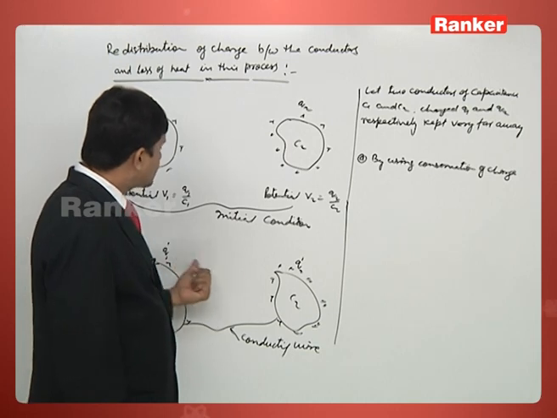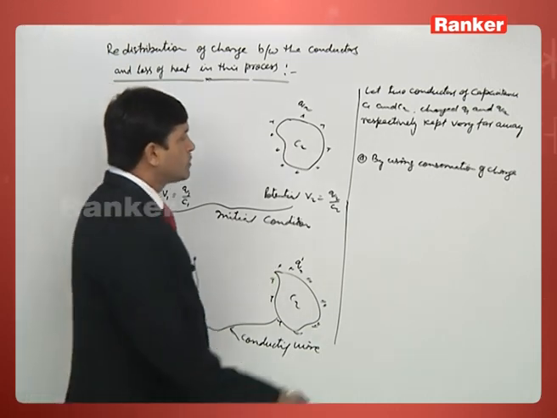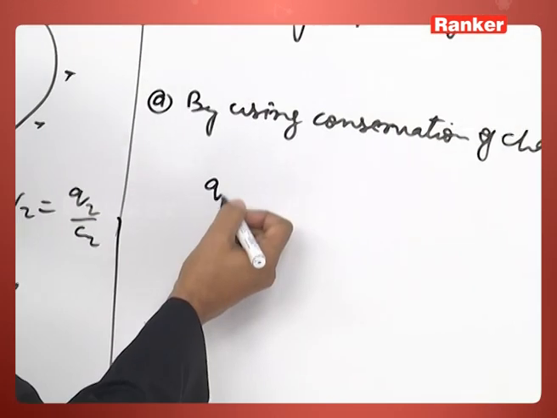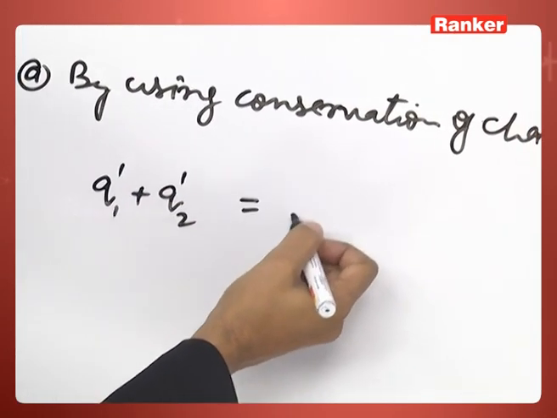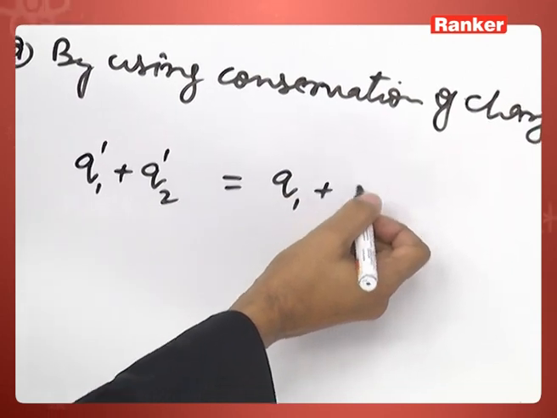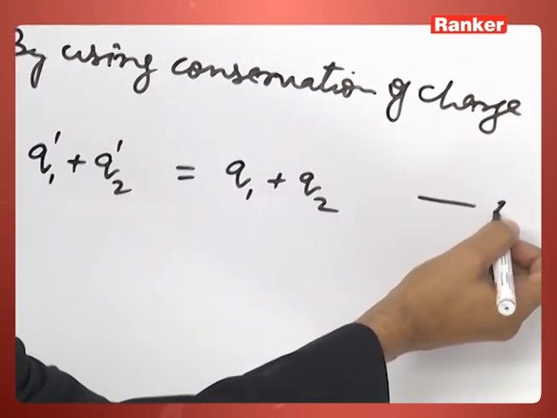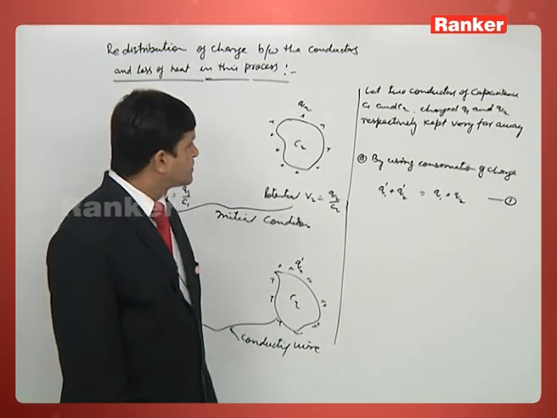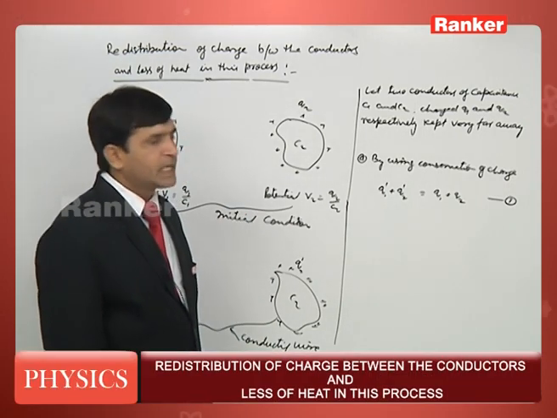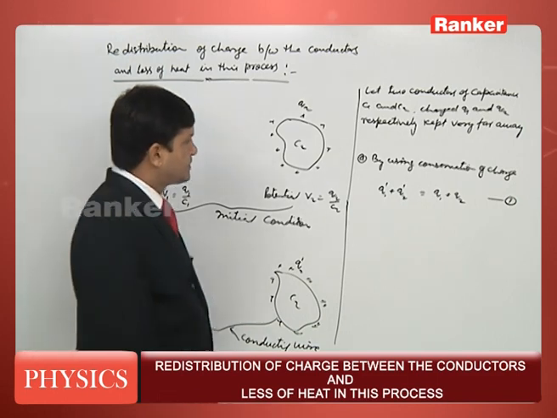The final charges are Q1 dash and Q2 dash. So the final charge equals the initial charge: Q1 dash plus Q2 dash equals Q1 plus Q2. This is called the conservation of charge equation.